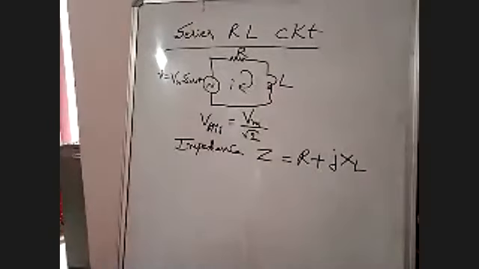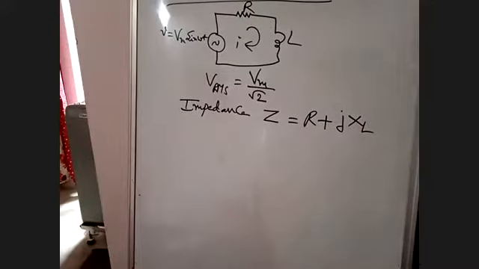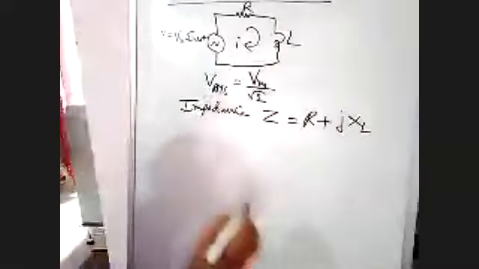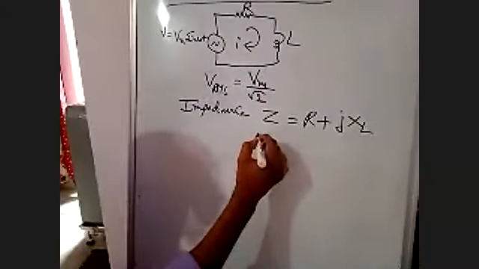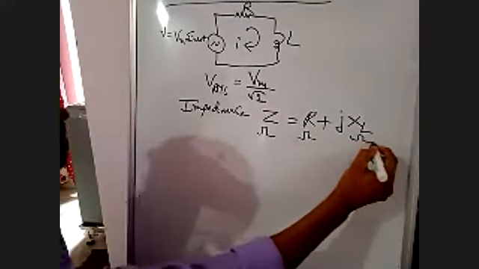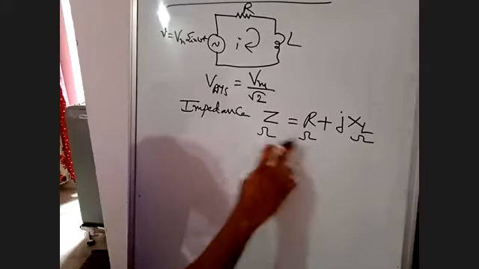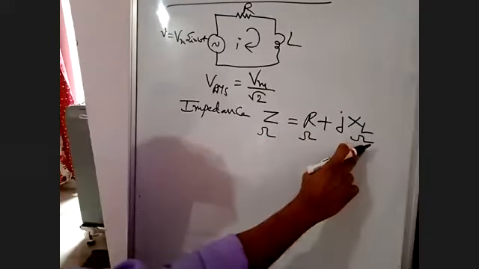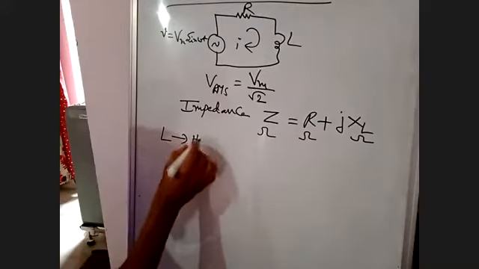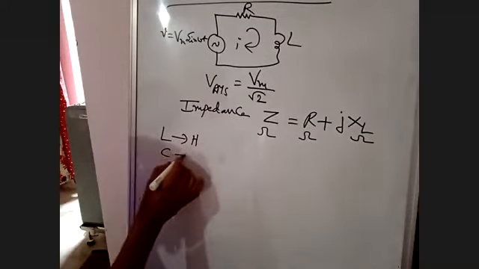R minus jXC, that is capacitive reactance, and XL is inductive reactance. What is the unit of Z? The unit of impedance is ohms. The unit of resistance is ohms. The unit of XL is ohms. But the unit of inductance is Henry, and the unit of capacitance is Farad.